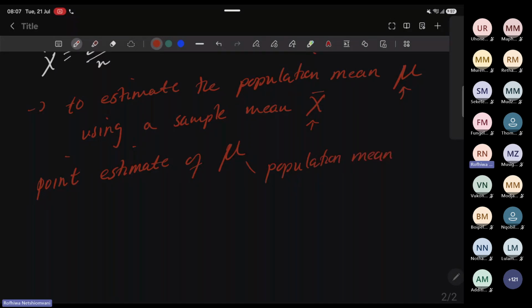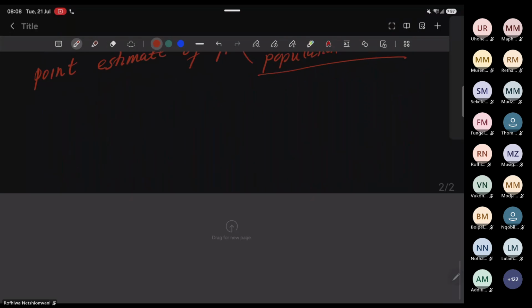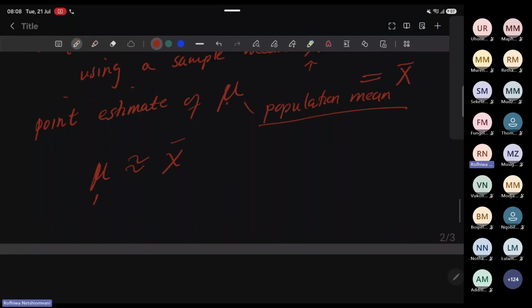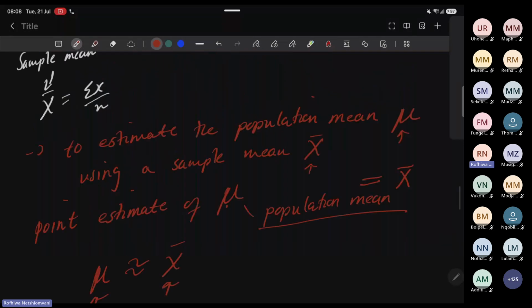So in a question, I can use the symbol or I can use the words. They still mean the same thing. So we know that the point estimate of mu will always be equal to X bar, meaning that mu will always be estimated by X bar. So whenever in a question I say, what is the point estimate of this? I want the value of that. We are going to use the value of X bar to estimate the value of what? Of mu. Always remember that.